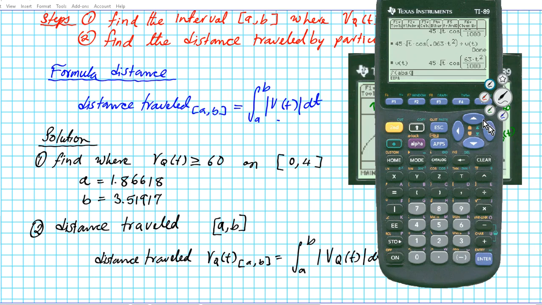So absolute value of your velocity function, call that. You're integrating with respect to t. Your lower bound, enter up to as many decimal places as possible, 5 at least, okay? So lower bound is 1.86618, okay?